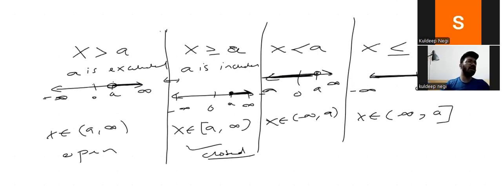Now, if you want to add a constant in any inequality, you can add it on both sides. If you want to subtract, you can subtract from both sides. If you want to multiply or divide by a positive constant on both sides, you can do it. You have to do all these arithmetic operations on both sides. There is a slight difference you need to take care of whenever you are dealing with a negative constant.